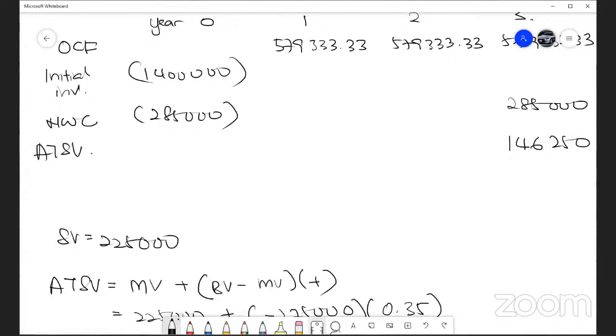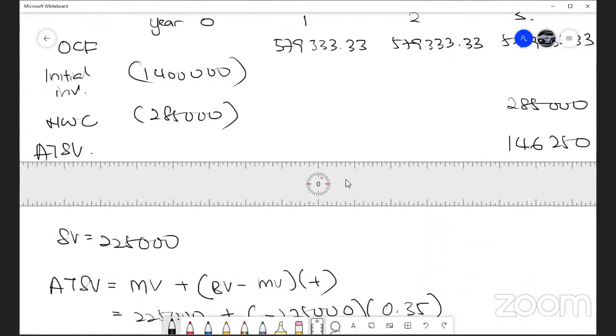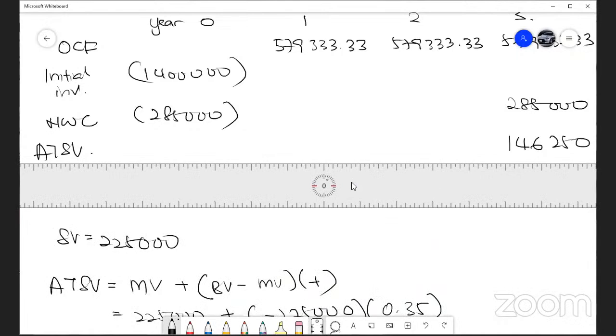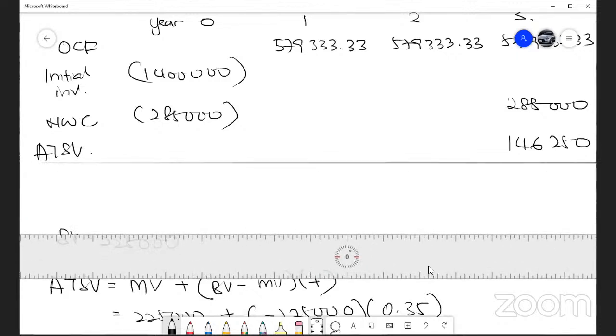All right. So now, with all this new addition, calculate your NPV. Once you are done with this, this is your incremental cash flow. That means there are changes, so it becomes incremental.